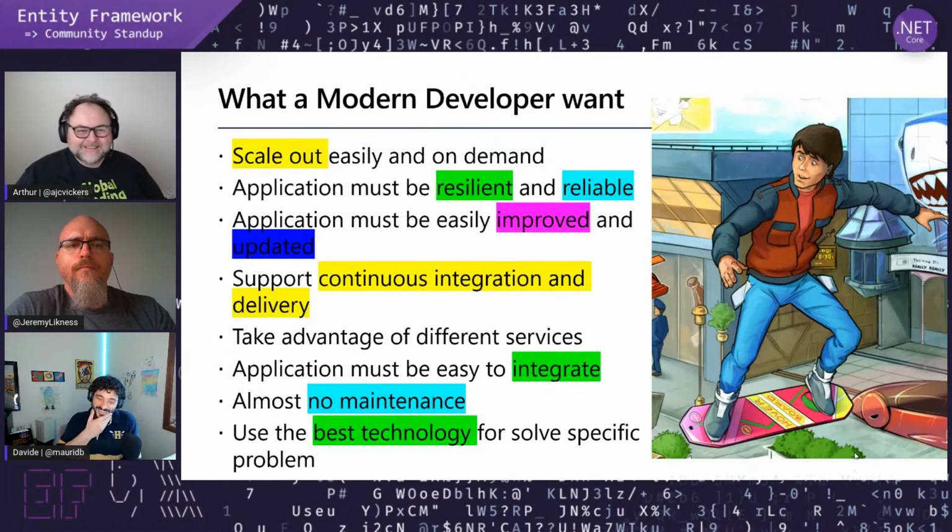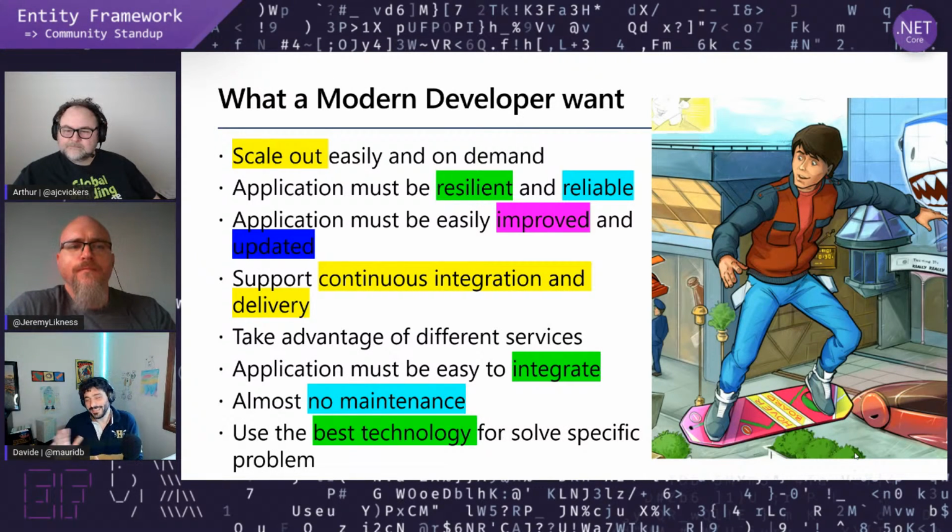Yeah. But another thing that we noticed is integration with other services. Even if you're not really having in mind to do a microservice solution, integration with other services is mandatory, because at some point you need to use that service and you want to be able to easily do that. Maintenance is something that, what is that?